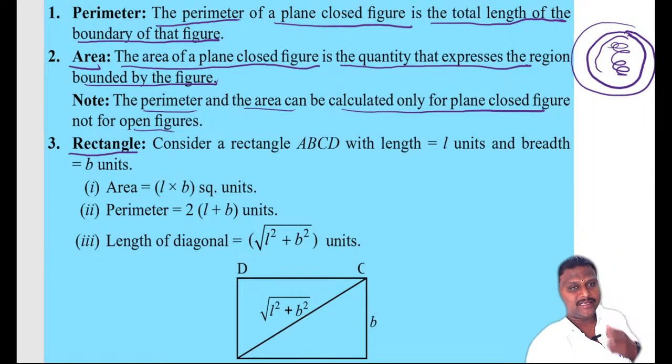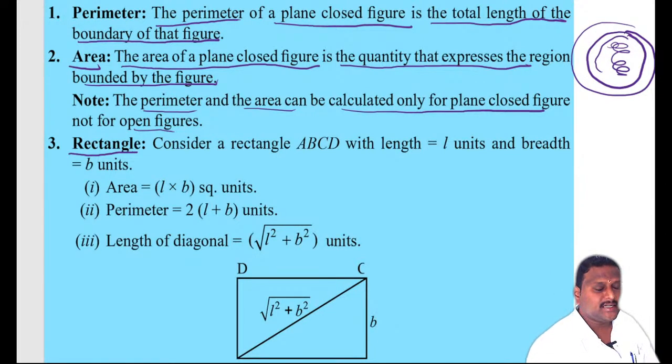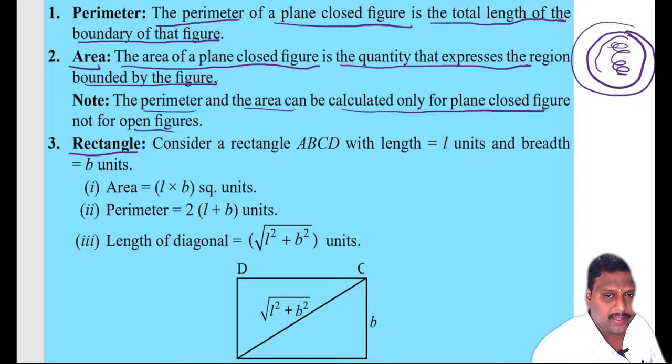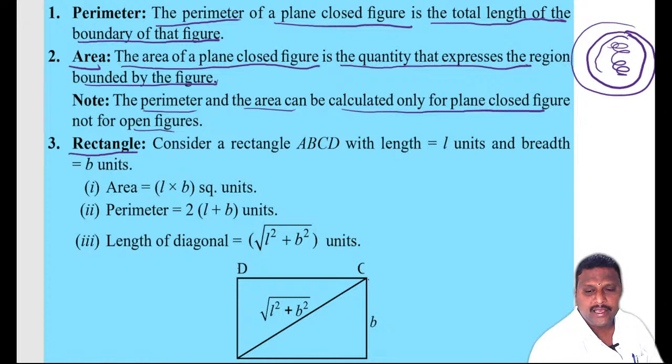What is a rectangle? A rectangle is a quadrilateral whose opposite sides are equal and parallel to each other. Consider ABCD is a rectangle whose length is L units, breadth is B units.